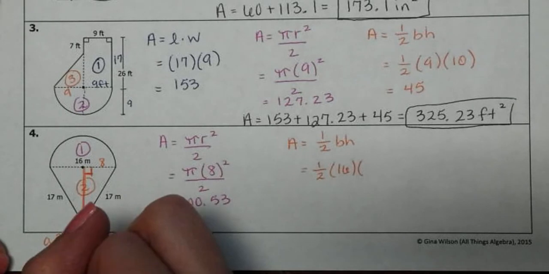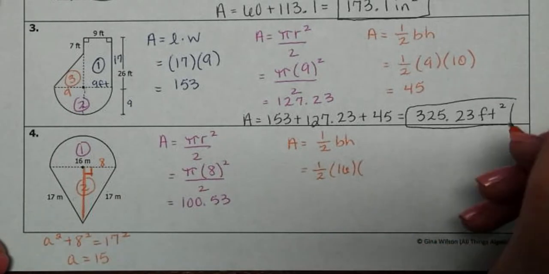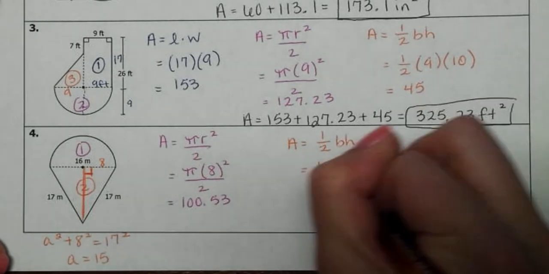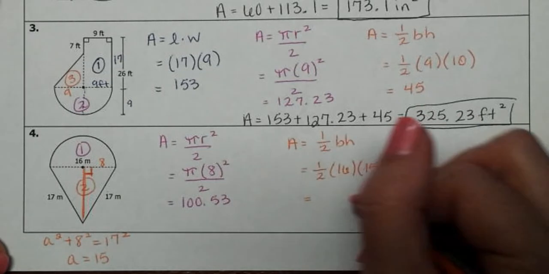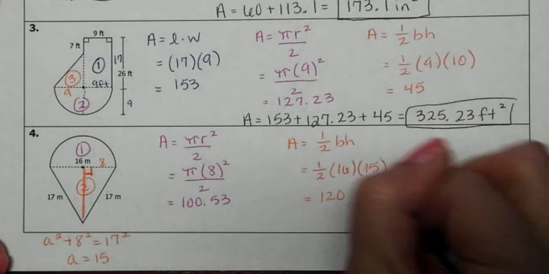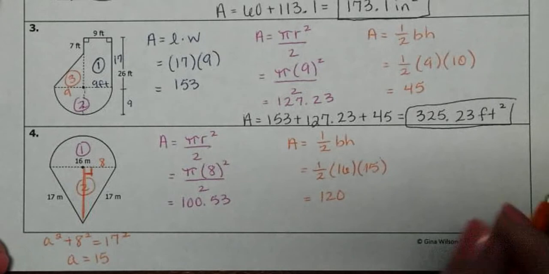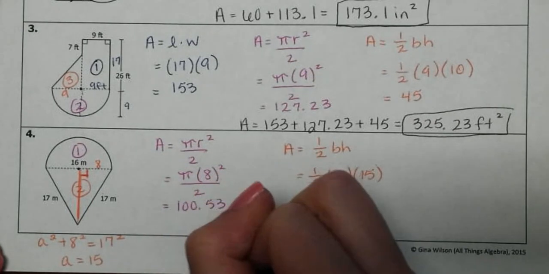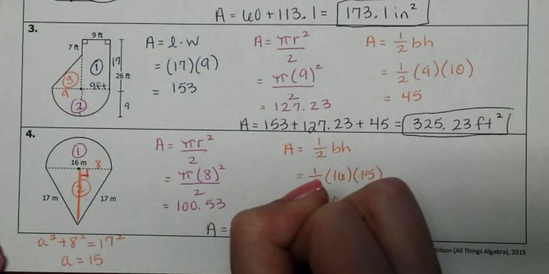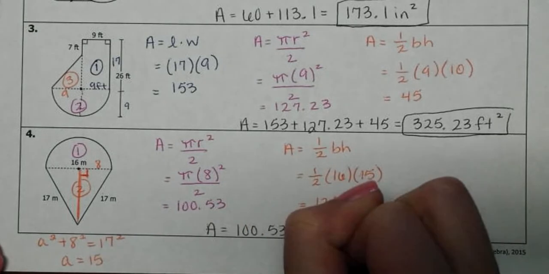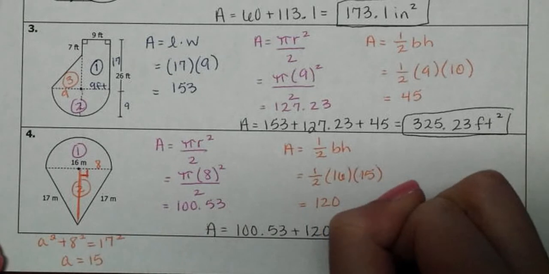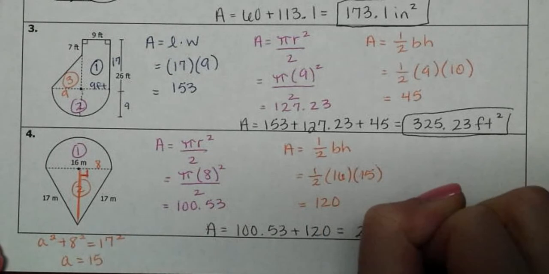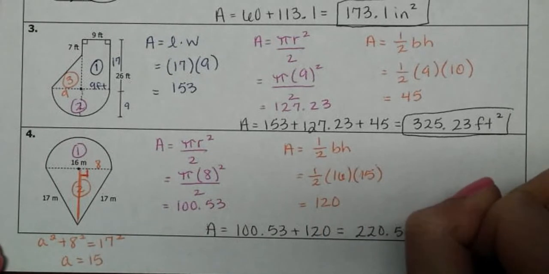You should get 15. And if you multiply, you get 120. So add your areas together to get 220.53 meters squared.